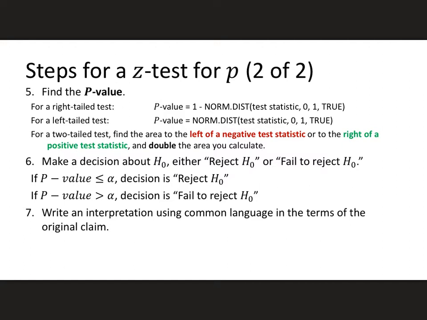So our steps continued. You'll then find your p-value, and for a right-tailed test, you will use norm.s.dist, and then you'll just put in your test statistic.